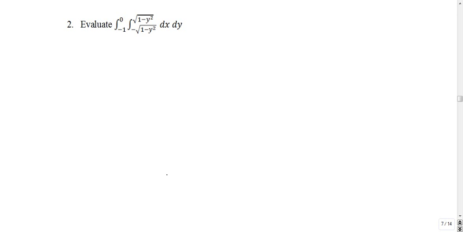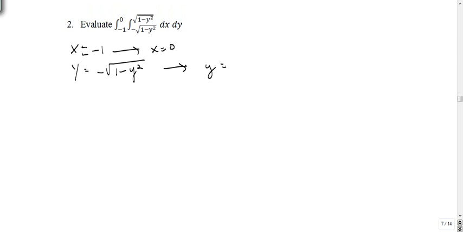So, this one is again horizontally simple. So, again, x goes from -1 to 0. And y goes from negative square root of 1 minus y squared to positive square. What am I doing?